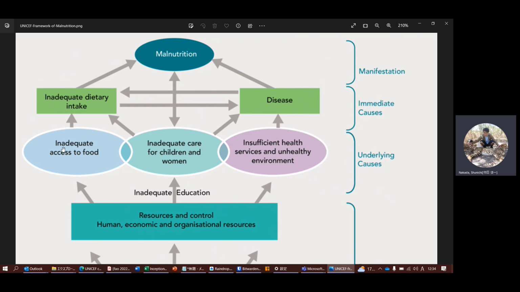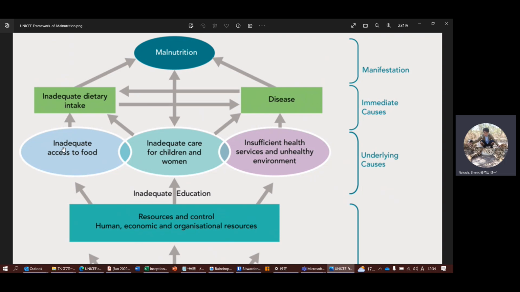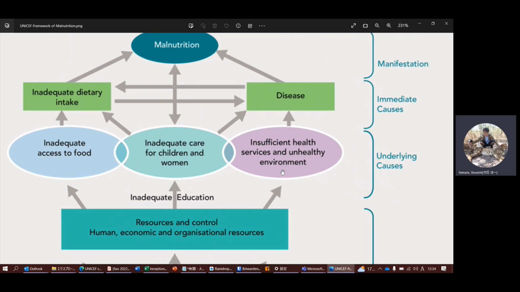So when we design a project to improve nutrition, we have to consider all these 5 issues. To understand the situation of your target area, we have to examine these 5 factors based on a data set. This is the purpose of the inception report.